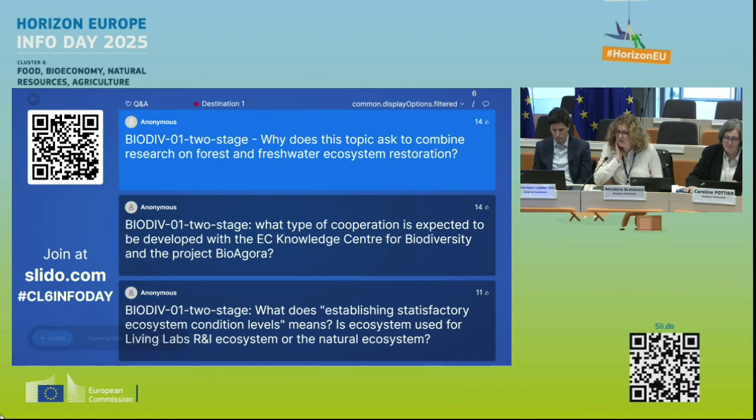There are also habitats that would benefit from the simultaneous restoration of freshwater ecosystems and forests. And we also have a specific consideration highlighted in the topic that the project should consider impacts of forestry practices on freshwater ecosystem health and how changes in forestry practices and forest management can support the restoration of freshwater ecosystems, including sediments. So this is one aspect.